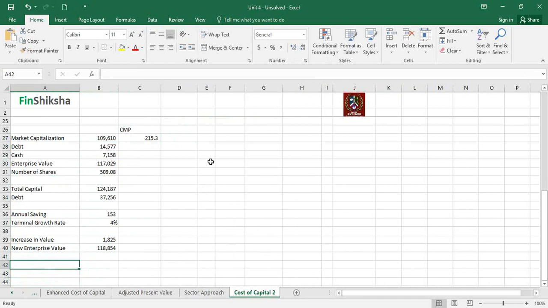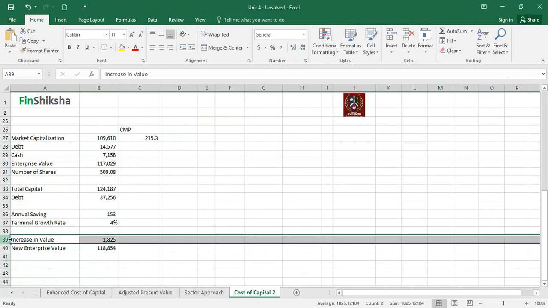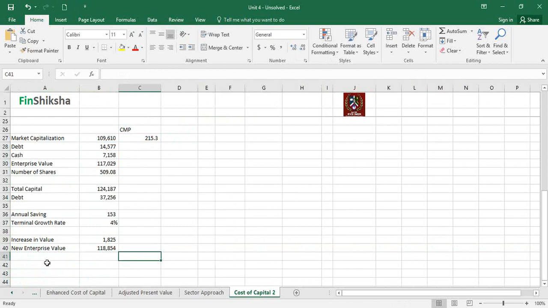What is the value or increase that you get in terms of equity value is what we are going to calculate now. So what is the increase in value? Remember, this is the increase in value, and that's going to accrue directly to all the shareholders.